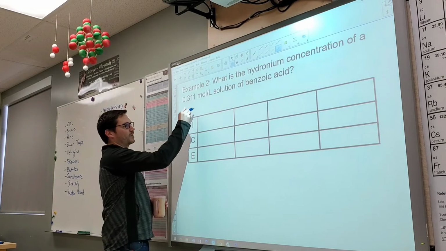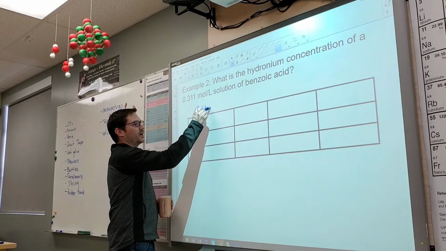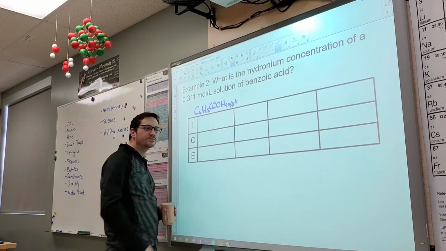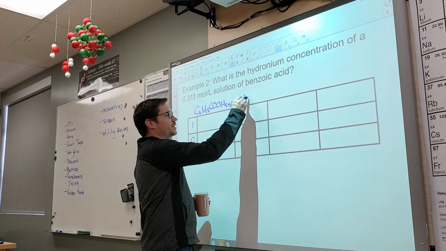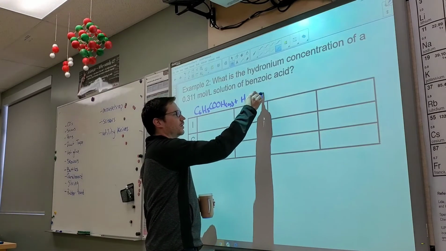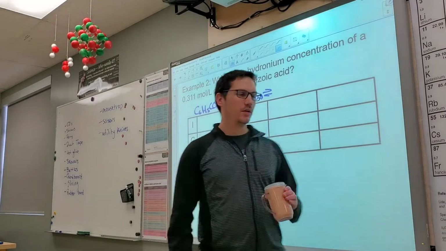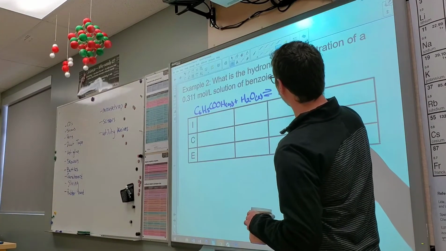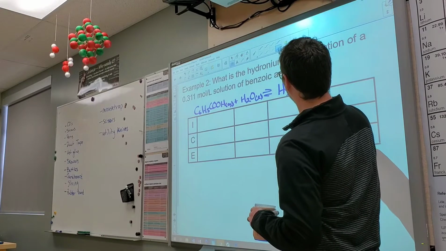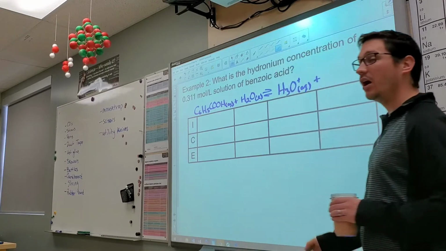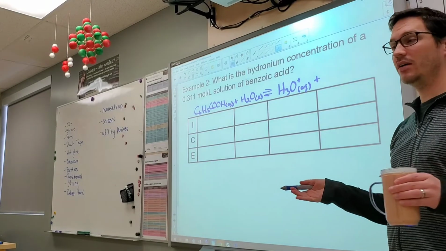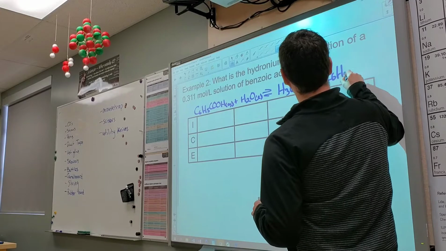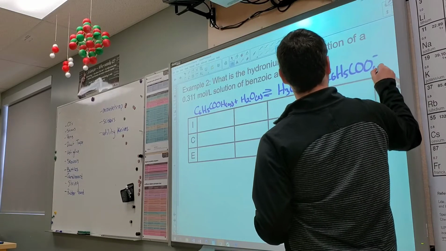Benzoic acid, C6H5COOH, is going to react with water. And of course, it's an acid, so acids make hydronium. And whatever the conjugate base of benzoic acid is, C6H5COO minus.